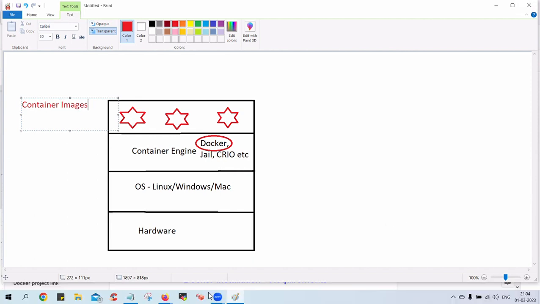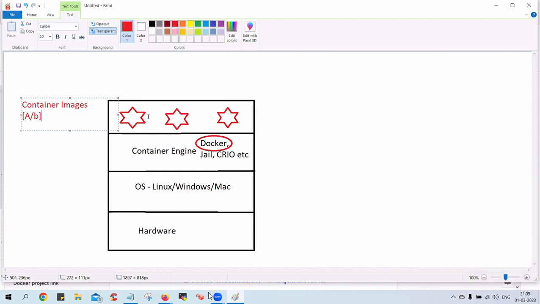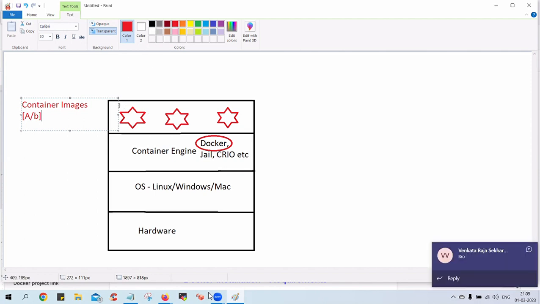As I told you, the image is nothing but your A by B. You can create a number of images, guys. You'll understand shortly how it works, then we'll come back to this diagram. For our understanding, let's consider only one image, so as not to have confusion.